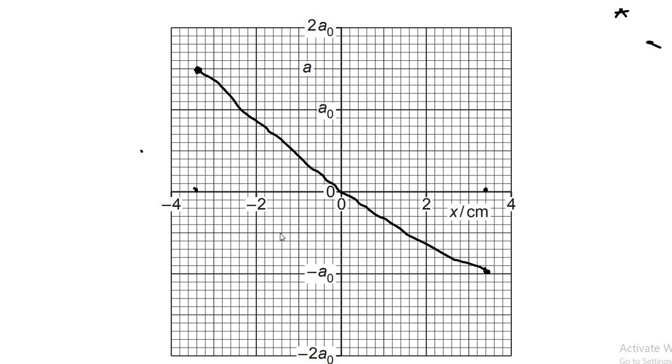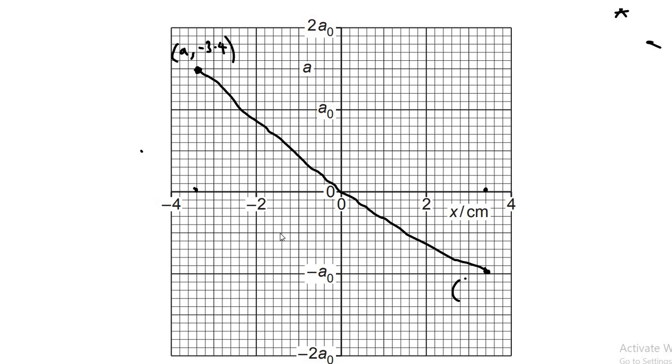Yes, this is the graph. So this side, y is a, x is minus 3.4. The same thing here.